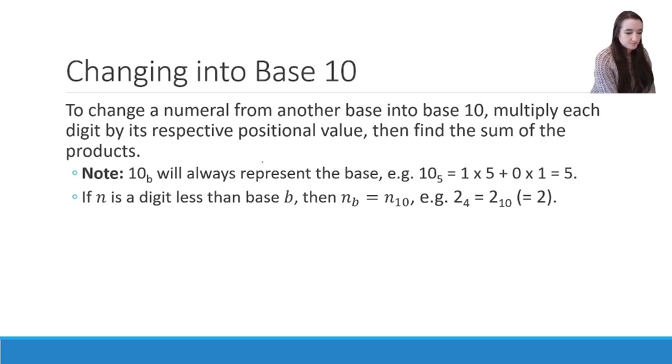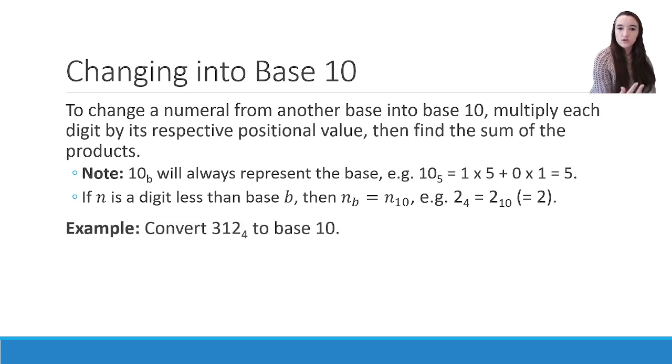So, we can note that 10 base B will always represent the base, e.g. 10 base 5 is 1 times 5 plus 0 times 1 equals 5. If n is a digit less than base B, then n base B equals the same thing as it would in base 10. So 2 base 4 is the same thing as just 2.